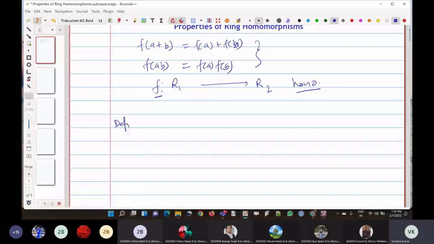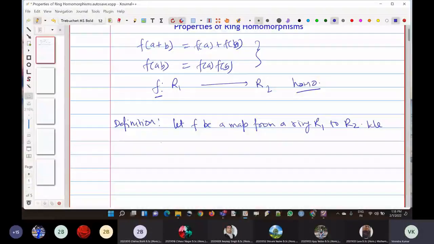Let us write a definition. What is the definition? Let f be a map from a ring R1 to R2.